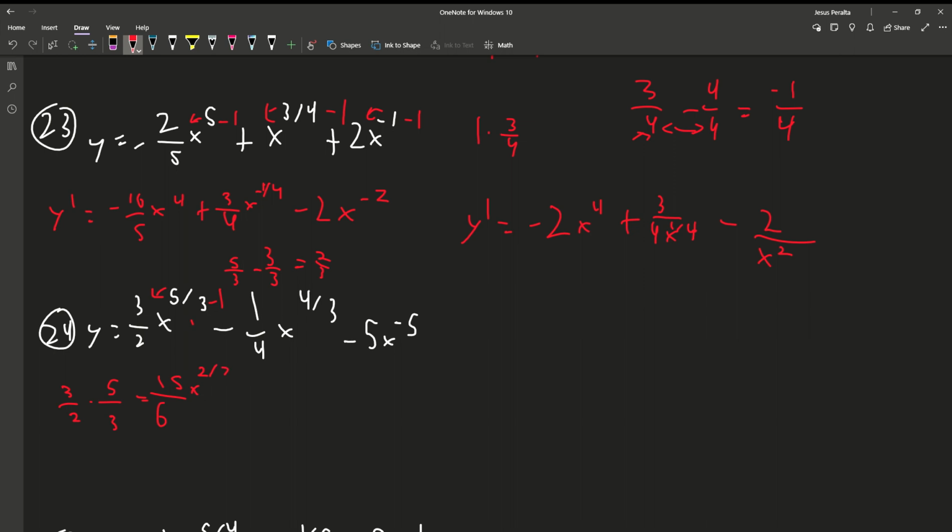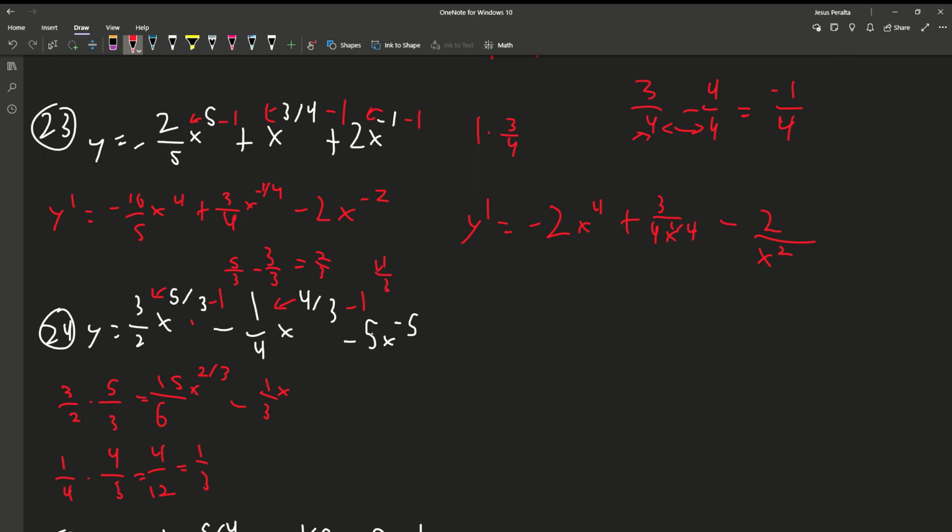So you're going to end up with 2 over 3. It's a positive though, so we're not going to move it to the bottom. So we're good like that. This is the same thing as saying 1 over 4 times 4 over 3. 4 times 1 is 4. 4 times 3 is 12. This you can simplify into 1 over 3. 1 over 3. Then x, subtract 1.